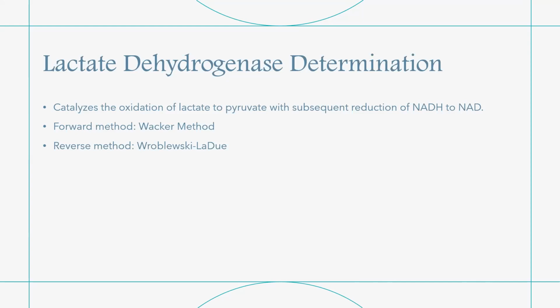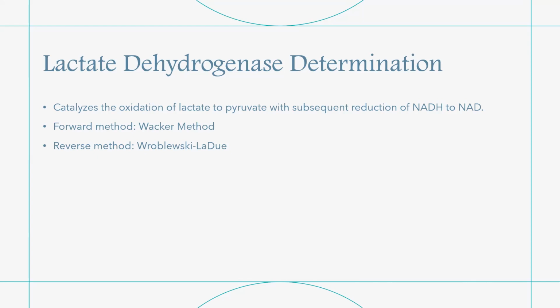Next in line is we have the lactate dehydrogenase. Remember guys that lactate dehydrogenase catalyzes the oxidation of lactate to pyruvate with subsequent reduction of NAD to NADH. Aside from that, the reaction is reversible and the backward reaction is favored at the reaction equilibrium.